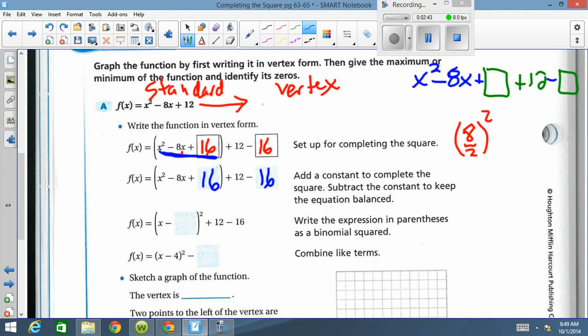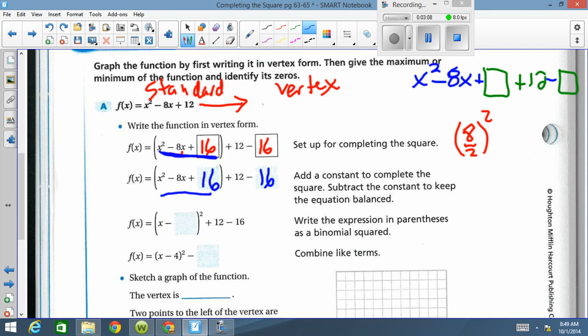I guess the first one was setting up for it, and then the second step was actually doing it. In any case, our equation is still balanced because we added 16 and we subtracted 16. Now the factoring part of this is to take a perfect square trinomial and factor it into a double bubble situation.